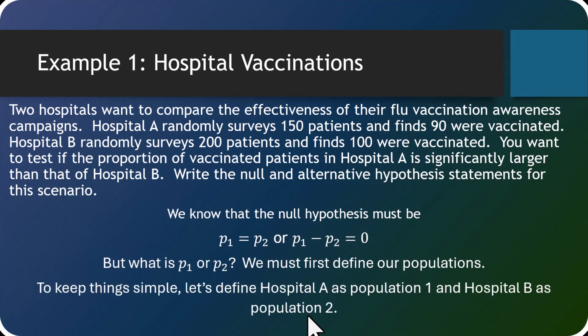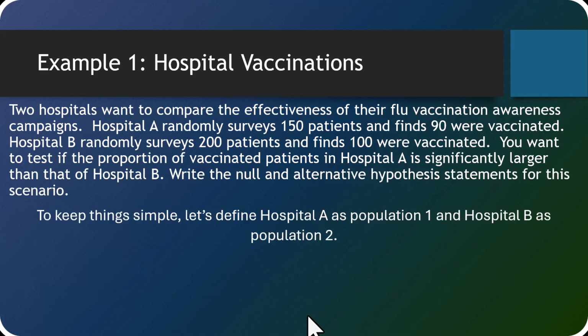So just to be simple and straightforward and not get too confused, let's call hospital A our population 1, or P1, and hospital B will be population 2. So P2 will be associated with hospital B. That's really important when we get to defining our alternative hypothesis. So where is the key phrase in this question that tells us how to construct our alternative hypothesis?